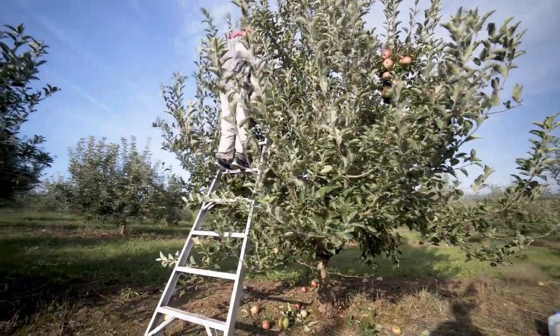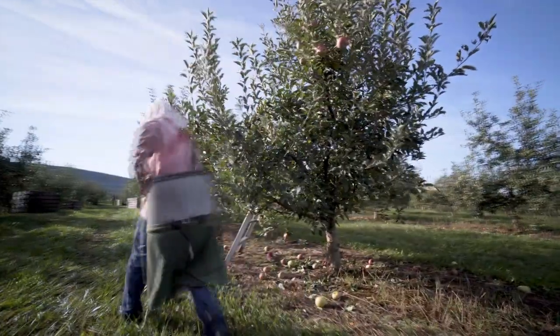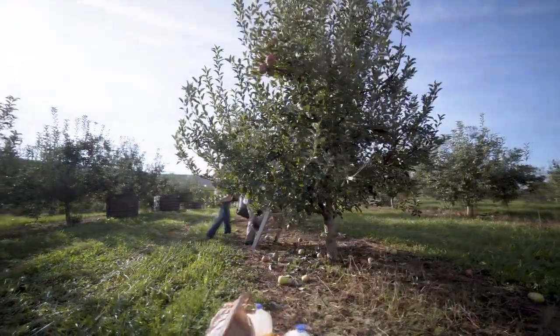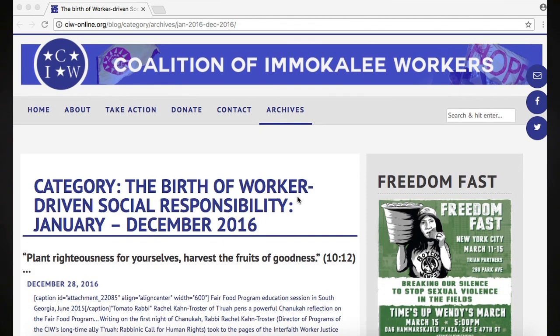Workers have been at the forefront of pushing for new ways of governing supply chains that would address forced labor and modern slavery, but that would also seek to stretch human rights and enforce human rights across the whole workforce, not only looking at the tip of the iceberg of modern slavery, but ensuring fair labor across the entire sector. A great example of this here in the United States, in Florida, is the Coalition of Immokalee Workers.